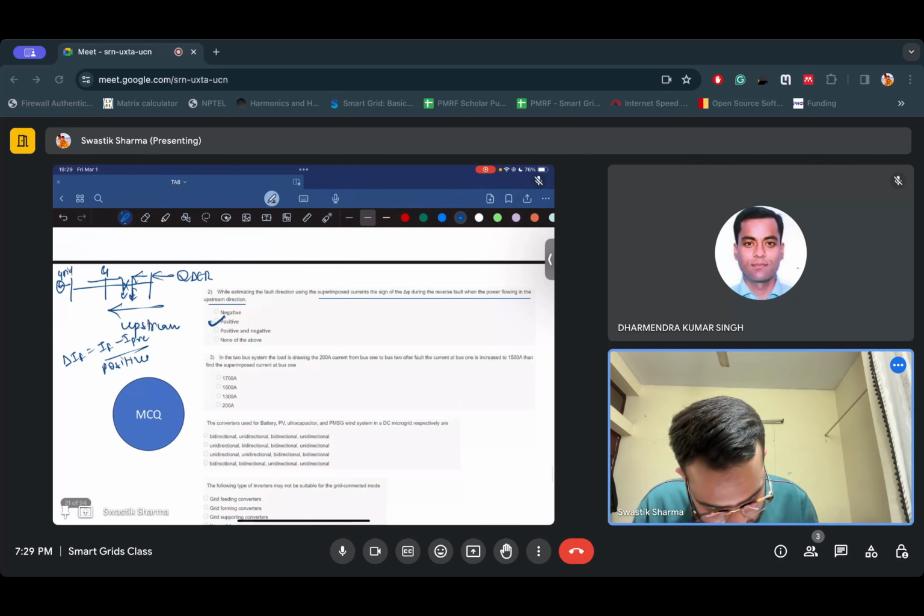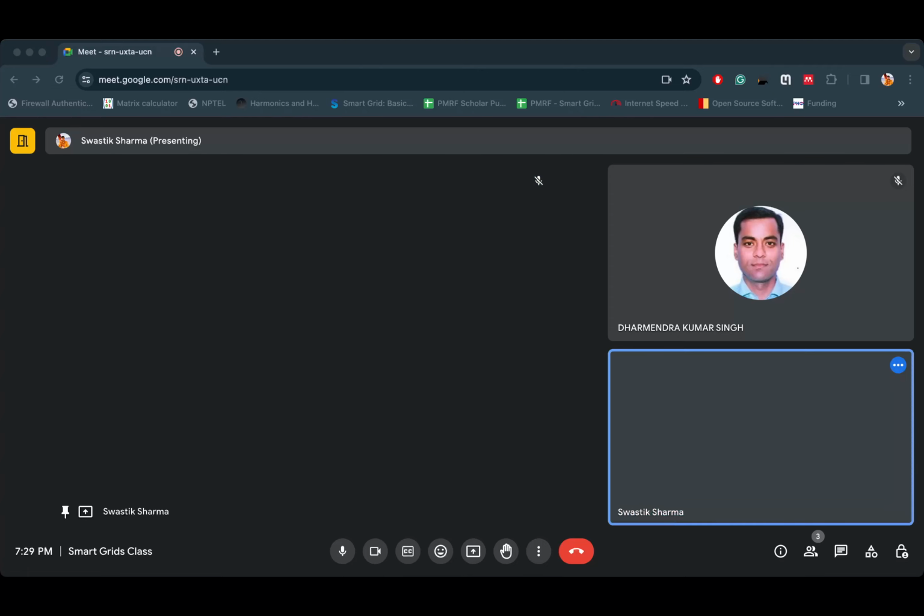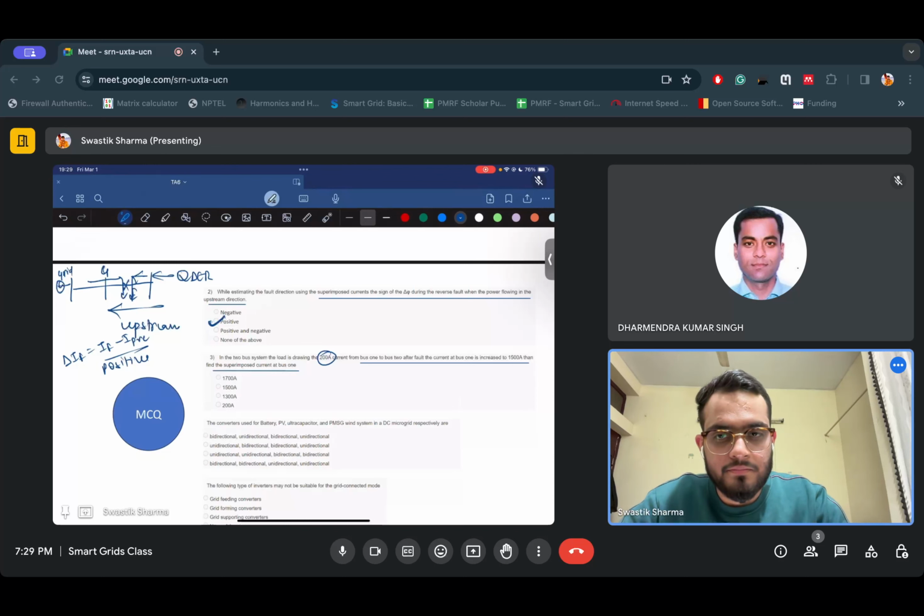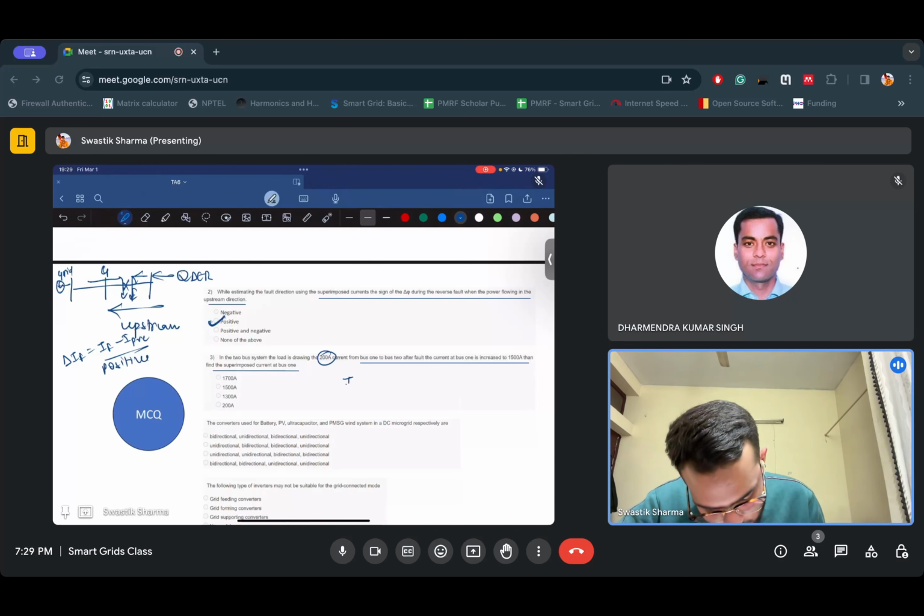Second, third, whatever this is. In the two bus system, the load is drawing 200 ampere current from bus 1 to bus 2. After fault, the current at bus 1 is increased to 1500 ampere. Then find the superimposed current at bus 1. So I just told you, superimposed current is given by this, which is I_F minus I_pre.